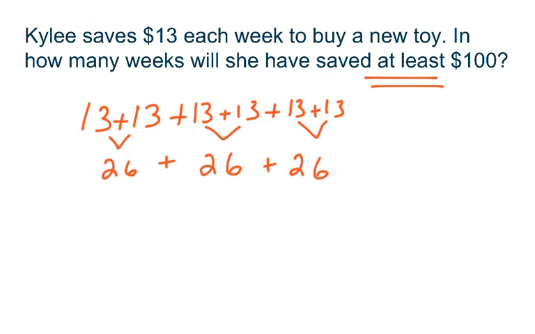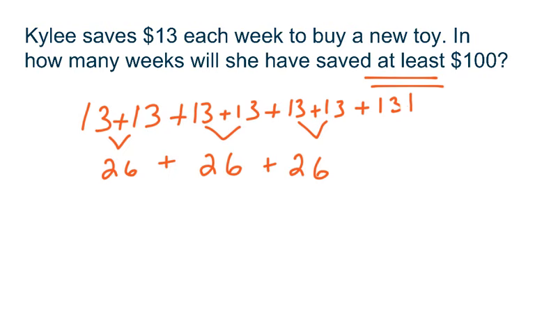If I add 52 plus 26, that gives me 78. That's still not enough. So if I add another 13 to 78, that still doesn't give me enough, because that only gives me 91.